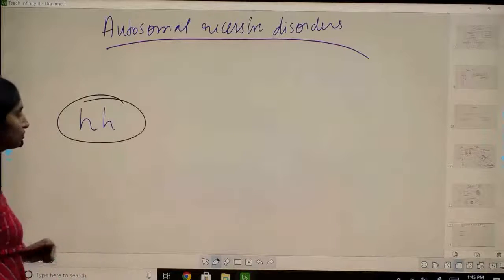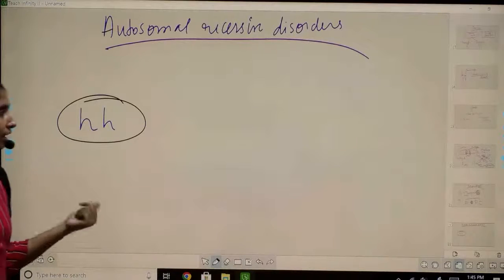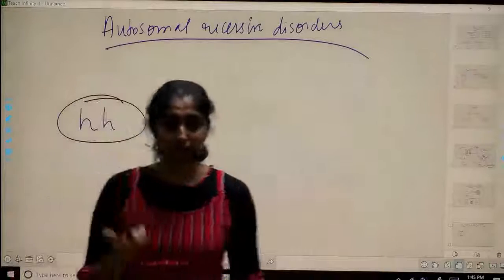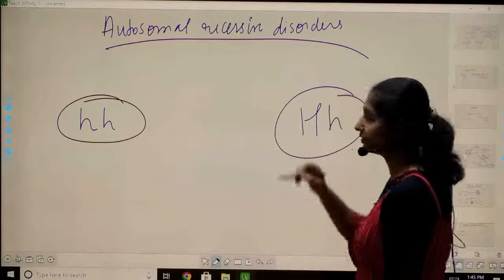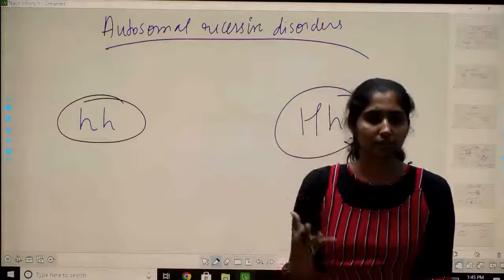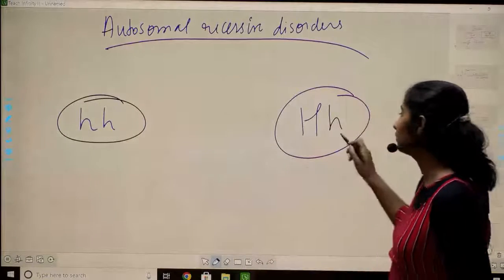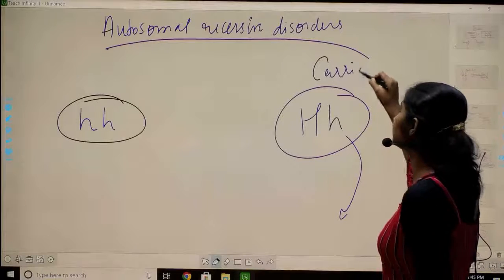Only when the individual is homozygous recessive will they be showing that particular trait, whereas an individual that is heterozygous is going to act as a carrier. They will not exhibit that particular symptom, that particular disease or trait, but they are going to carry it forward to the next progeny. So they are known as carriers.